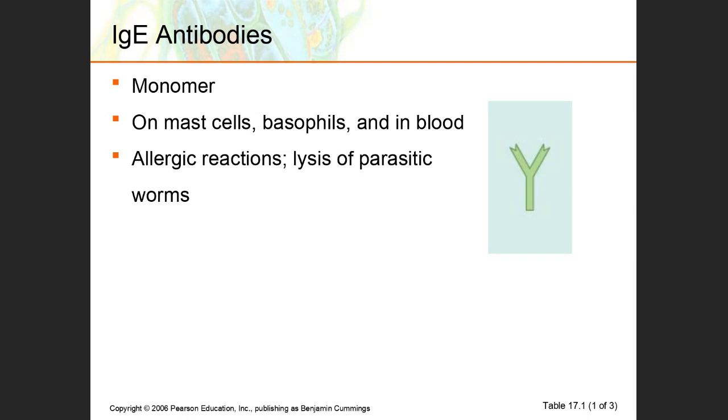But just to mention that we do have these natural antibodies that are always being produced no matter what. But most of the time the antibodies are the result of a specific response to an antigen. And so we make antibodies specifically in response to that antigen when it is present.